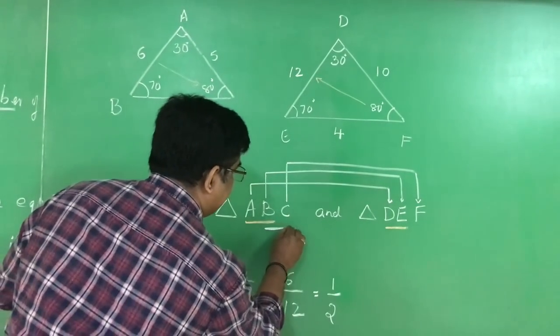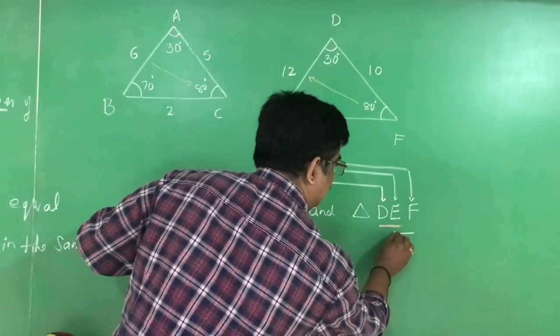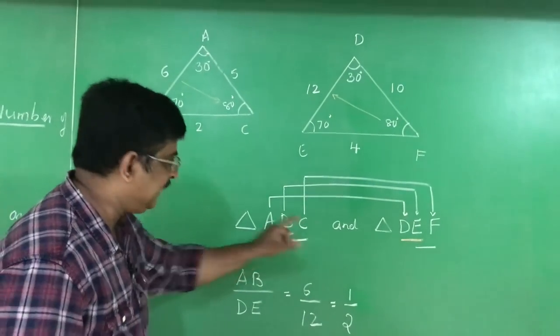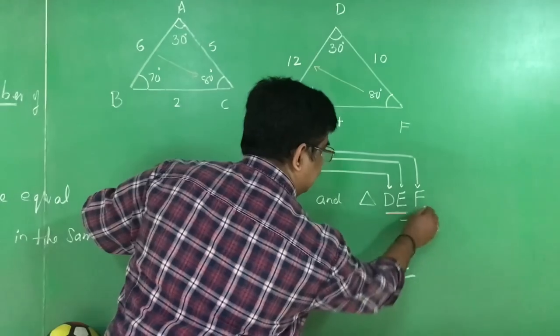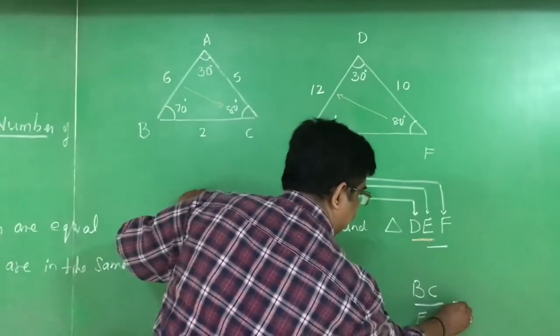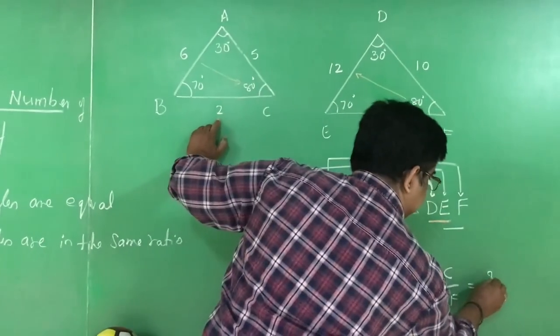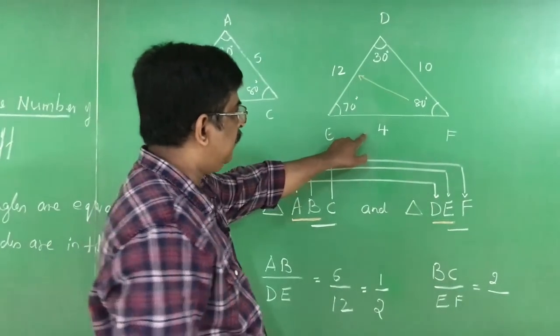Take the second and third. Here also take the second and third. Second is what? BC. Take BC. What is the second and third? EF. See the measurement of BC in the diagram, 2. See the measurement of EF in the diagram, 4.